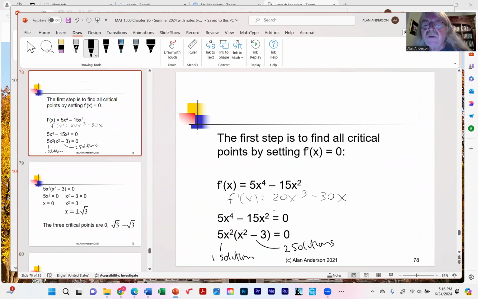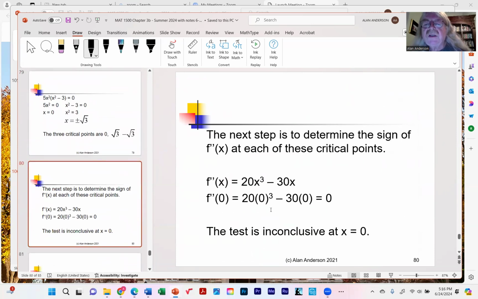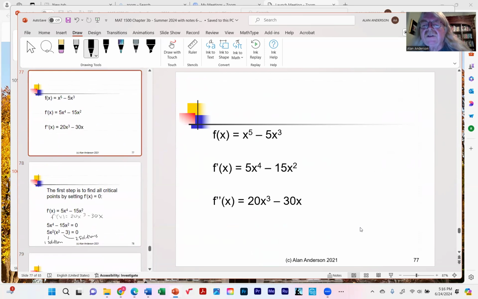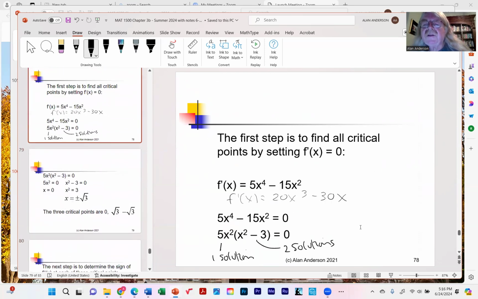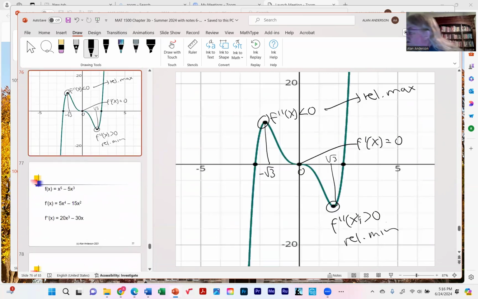The second derivative turns out to be 20x cubed minus 30x. So we'll start with 0. Now, here's the interesting part. You can see by looking at the graph that this is not an extremum. So the second derivative is actually 0 at that point.